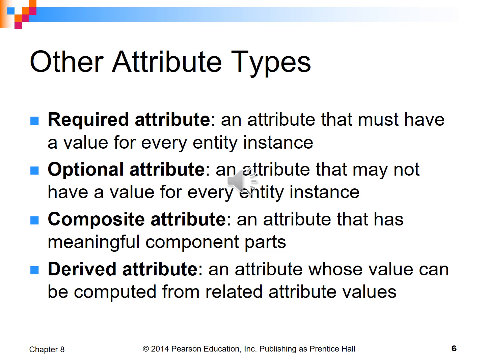Then derived attributes are attributes that do not exist in the physical database, but their values are derived from other attributes present in the database. An attribute whose value can be computed from related attribute values.